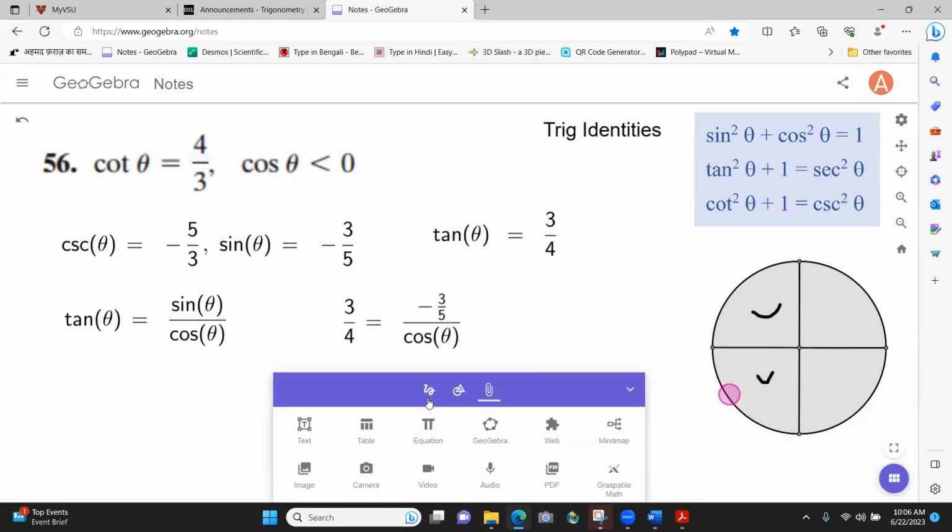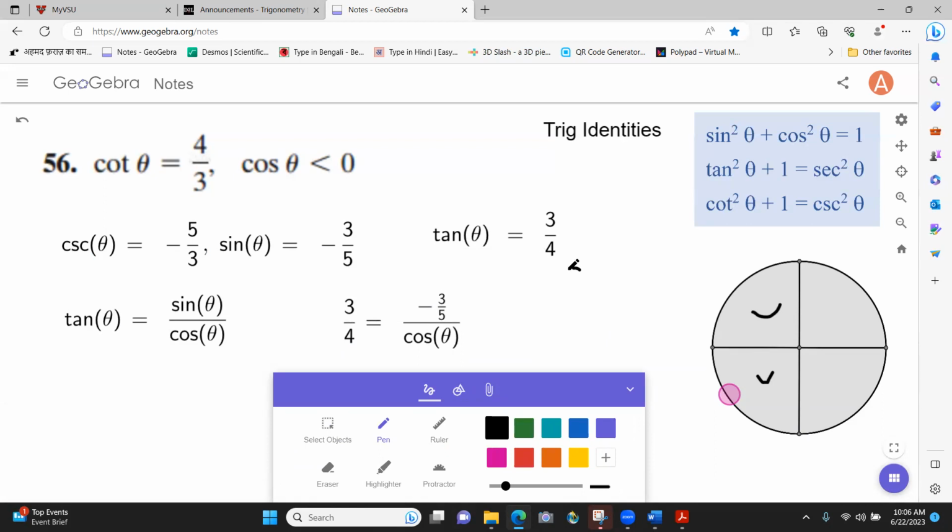Okay, so it's called cross multiplication. If you have a relationship or equation like this, and you're looking for cosine, you can actually swap these two and swap these two. Okay, there's a 1 here. It's based on cross multiplication.